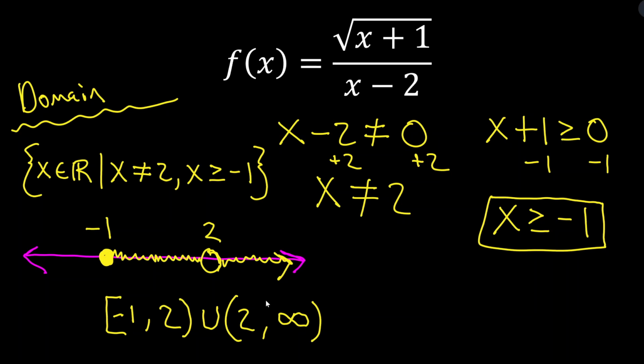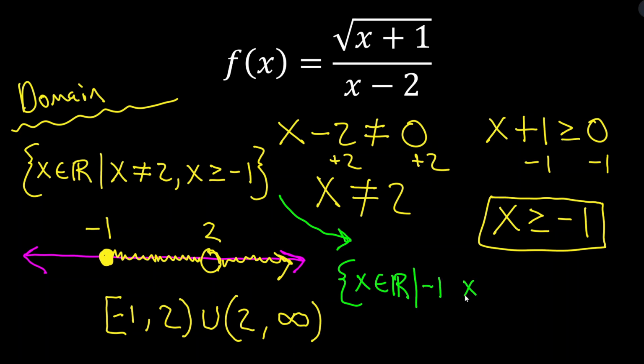And that brings us to a slightly better way maybe to write the domain in set builder notation. So let me go ahead and show that. We could use inequalities here, and this might be what your instructor prefers, which is we could say x is a real number such that, and let's use inequalities.